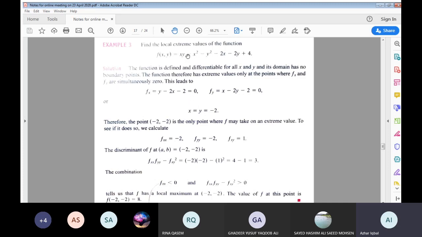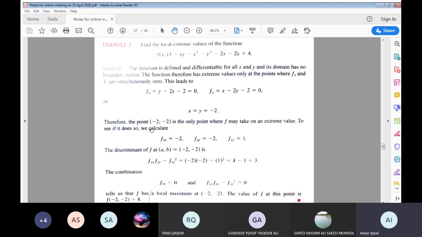So what you need to find out is the partial of f with respect to x and the partial of f with respect to y. You differentiate with respect to x, it gives you this expression, equate it to 0, and likewise you differentiate with respect to y and equate it to 0. This generates the pair x = -2, y = -2.